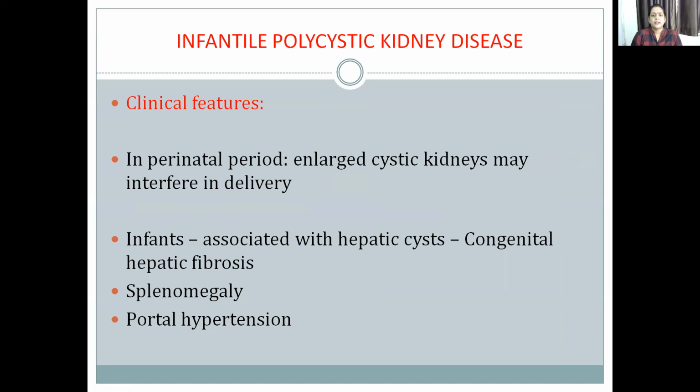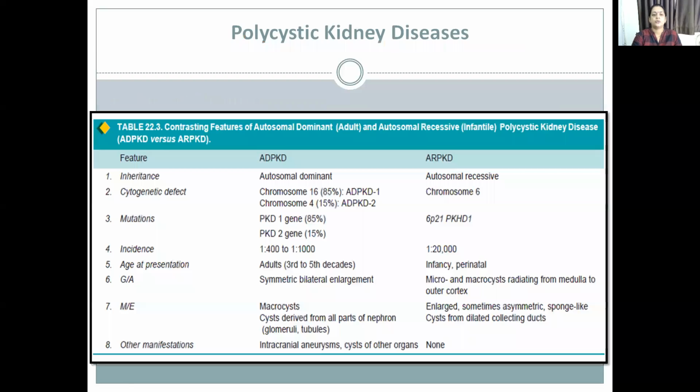Clinical features: in the infantile type, the perinatal period; in the adult, we are saying it's the 3rd to 5th decade, associated with hepatic cysts and congenital hepatic fibrosis, splenomegaly, and portal hypertension. Even adult polycystic kidney disease can have cysts in the pancreas, liver, lung, and berry aneurysm. So these are the differences.